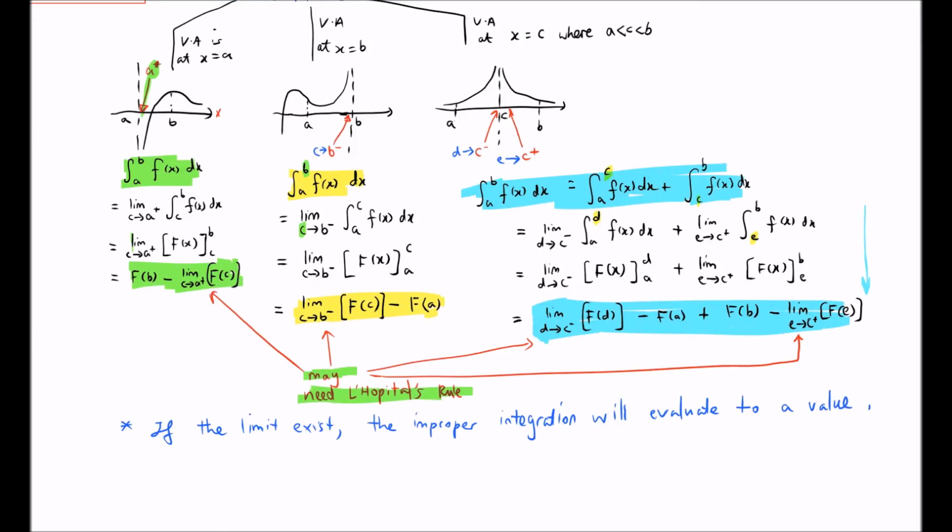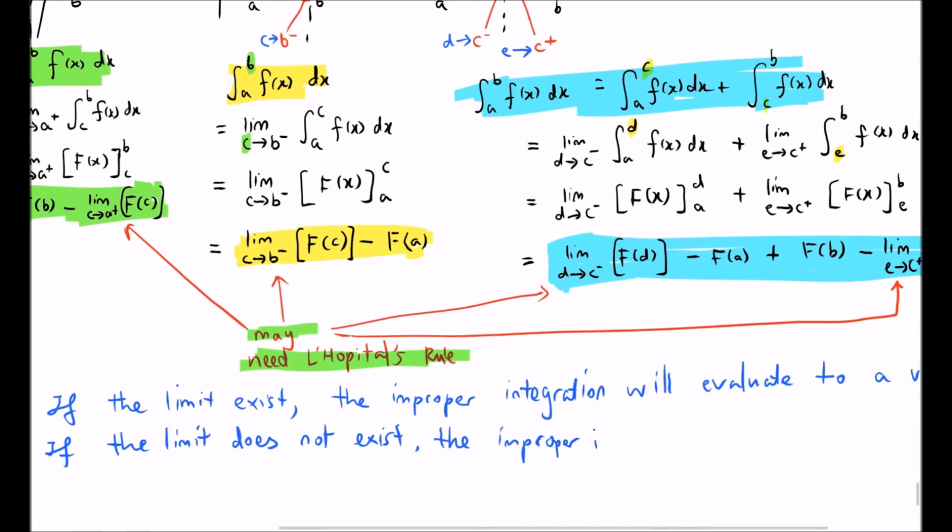Okay, now second point, if any of the limits in any situation does not exist, it could mean infinity, or the value of the limit changes, alternating or changing as your x value becomes larger or very small. So if the limit does not exist, we say the improper integration is divergent. So let me expand this.